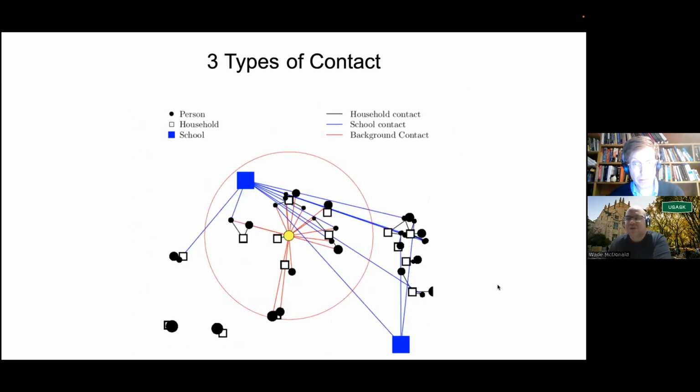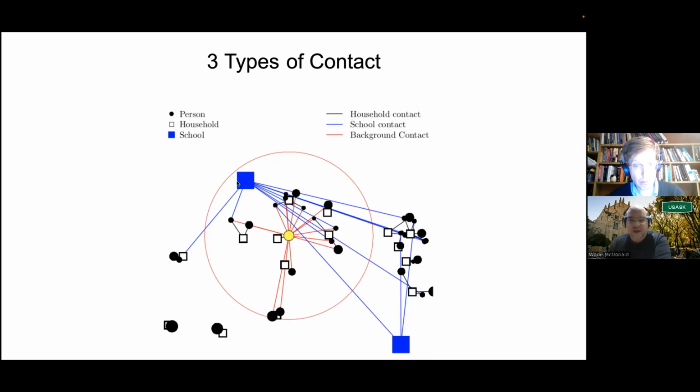This figure represents the contact mechanism within the model. So for any given person, the yellow dot in this example, a person would be connected to all other people within a certain radius, which was the background contacts indicated in red.